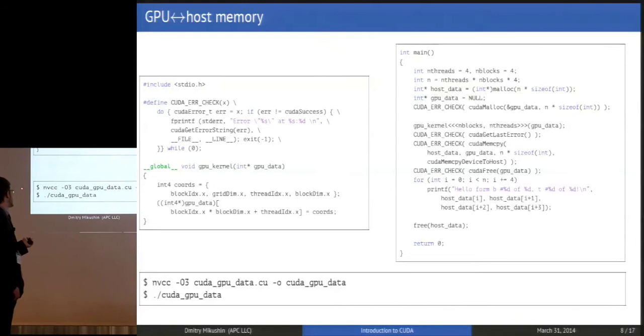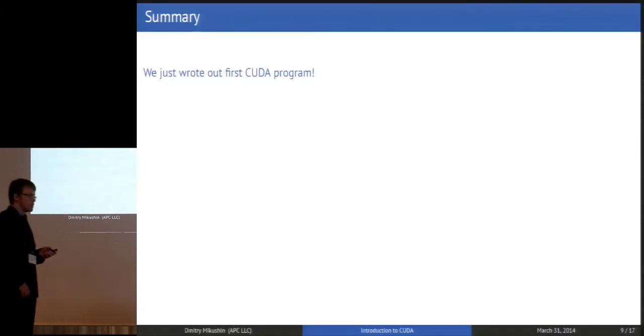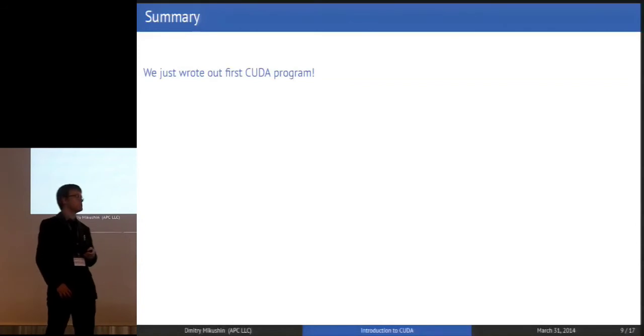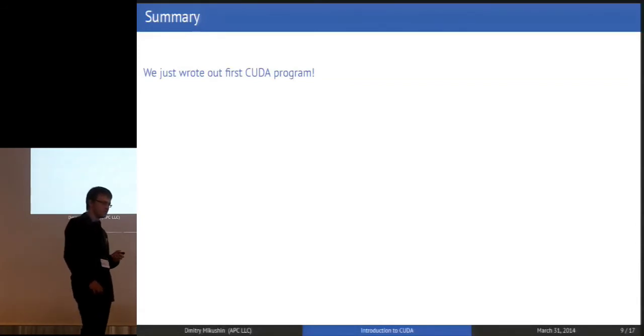Compilation runs simply. We need the CUDA-enabled compiler, NVCC, the optimization option, the source file name, the output file, and just run this output file. Okay, so we just wrote our first CUDA program, even two different CUDA programs.